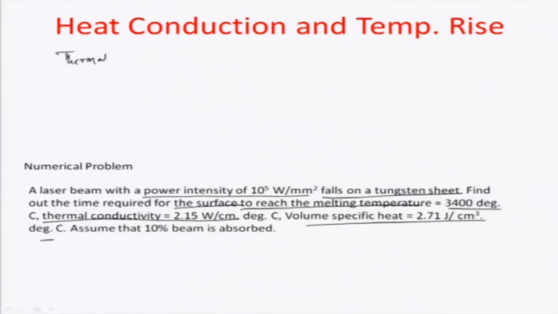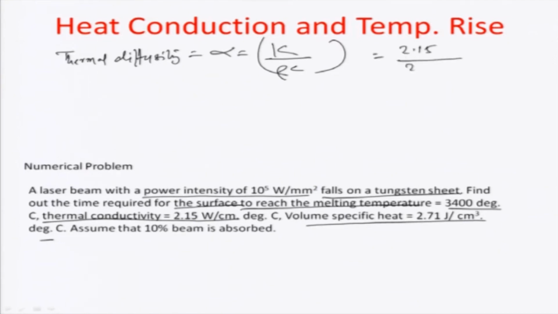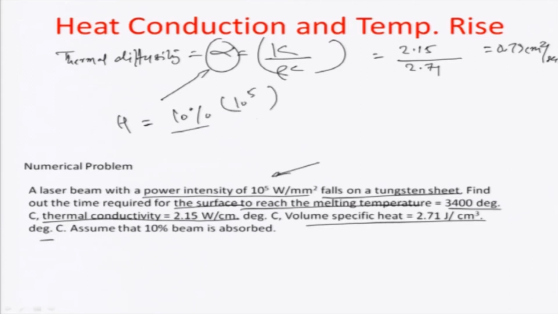So, let us look at thermal diffusivity first. Alpha is given by thermal conductivity by volume specific heat, k by rho C, and this is equal to 2.15 by 2.71, about 0.79. The units are centimeter square per second. So, alpha is calculated now, and we already know that the coupled beam power h is about 10% of the actual power, the actual power being 10 raised to the power 5 watts per millimeter square.